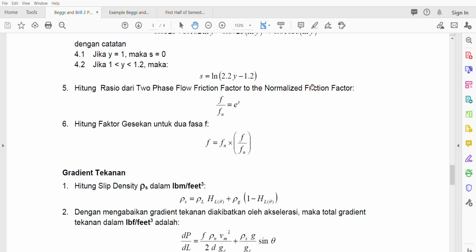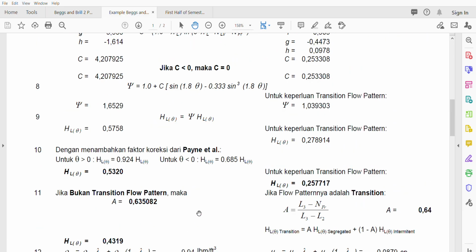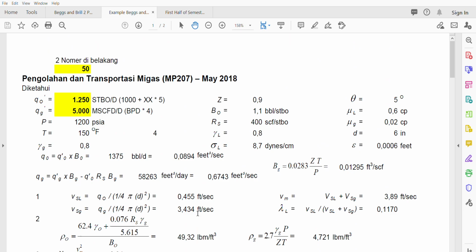Okay. This is the example of how you do it. I will not give you a different number. For example, you have Q_o and Q_gas.